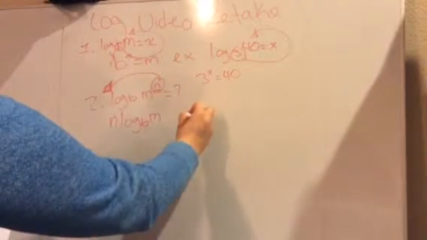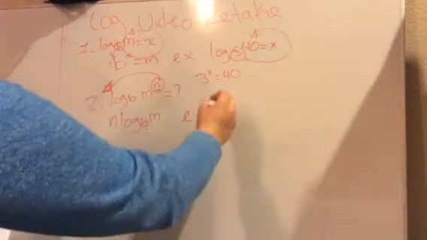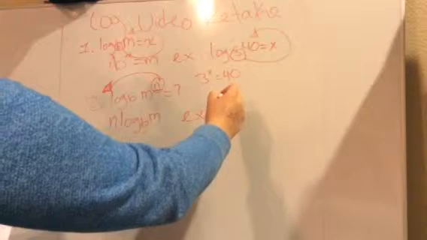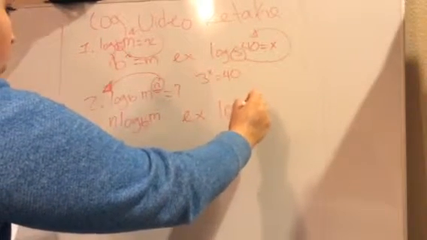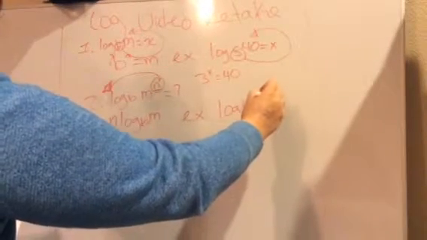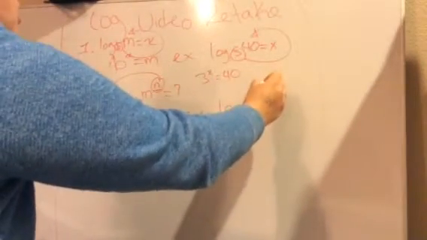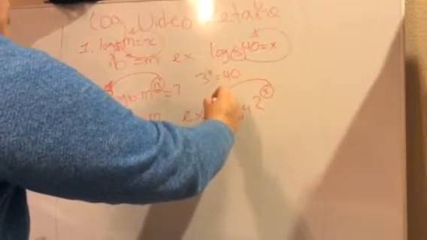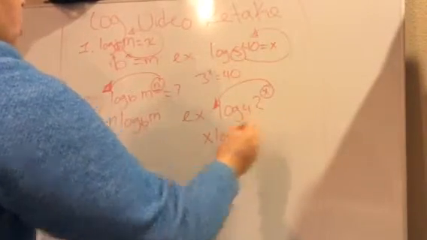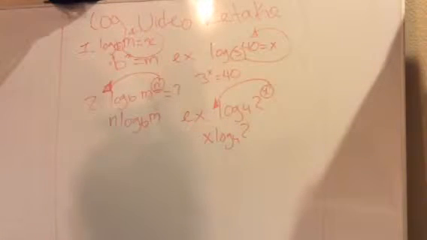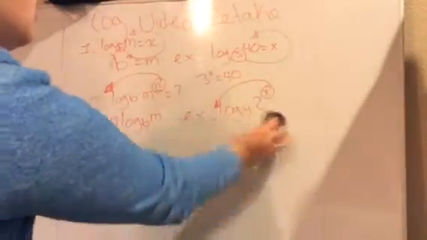So an example would be log of 4 to the x. And you take this x and you'd move it in front. So it would be x log 4 2.